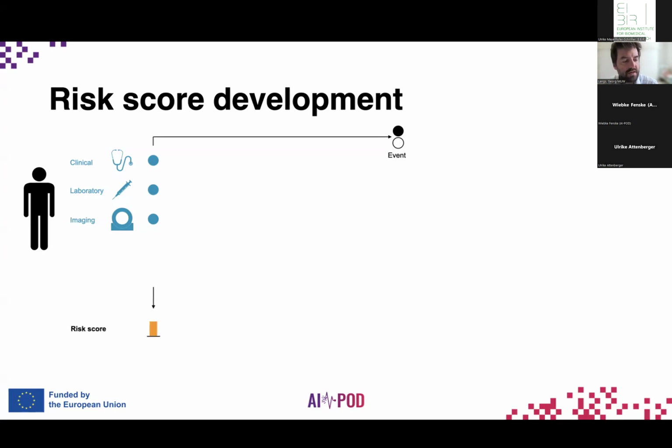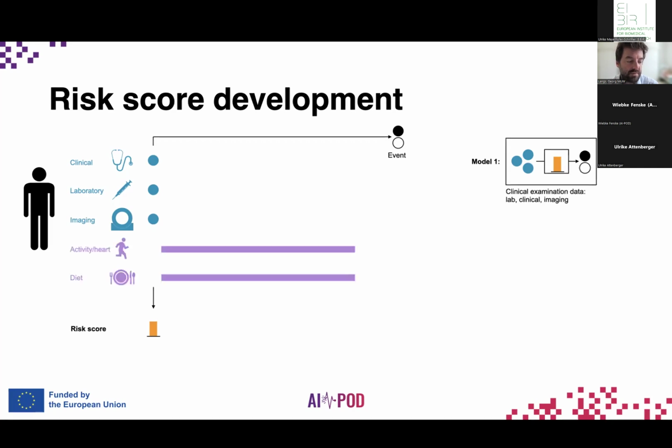We train these models to provide a risk score that informs us about the specific risk that this patient will experience an event over this time. Let's call it model 1: the clinical visit data risk score tells us something about the risk of an event. One of the exciting aspects of this project is that we are now aiming at integrating this one-time-point, very deep data with less dimensional data, a couple of activity variables and dietary variables, but these variables being collected over a very long time in a very high-frequency fashion.